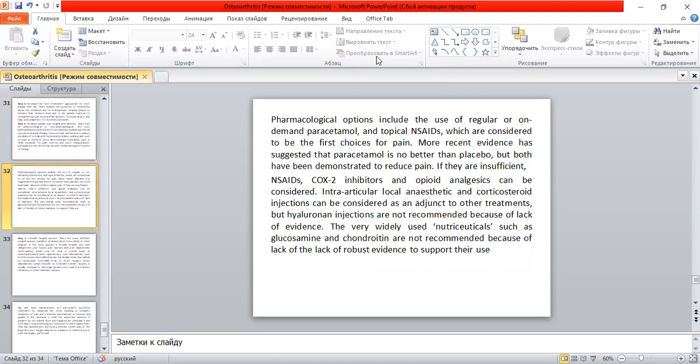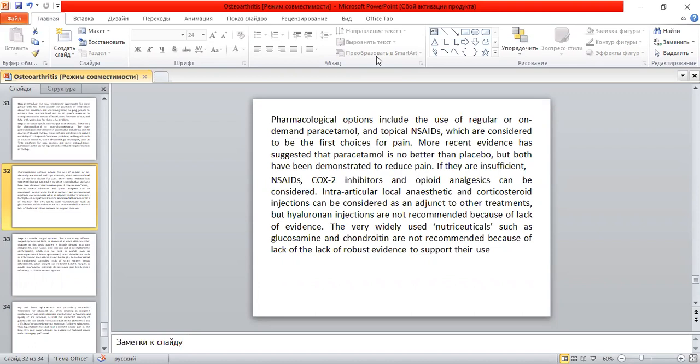Pharmacological options include the use of regular or on-demand paracetamol and topical NSAIDs, which are considered to be the first choice for pain. More recent evidence has suggested that paracetamol is not better than placebo, but both have been demonstrated to reduce pain. If there is insufficient relief, oral NSAIDs, cyclooxygenase-2 inhibitors and opioid analgesics can be considered.